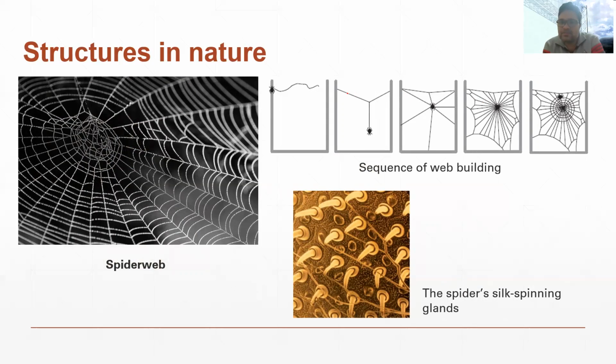The silk from the gland is so strong that if we compare it with steel of the same size, it is stronger than the steel. So that is again a structure which is formed to resist the external effect, and in this case the external effect can be the impact effect.